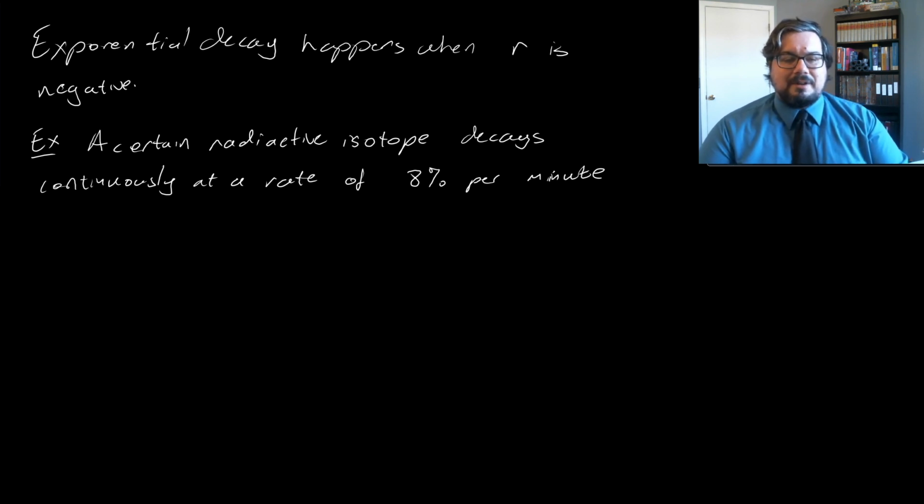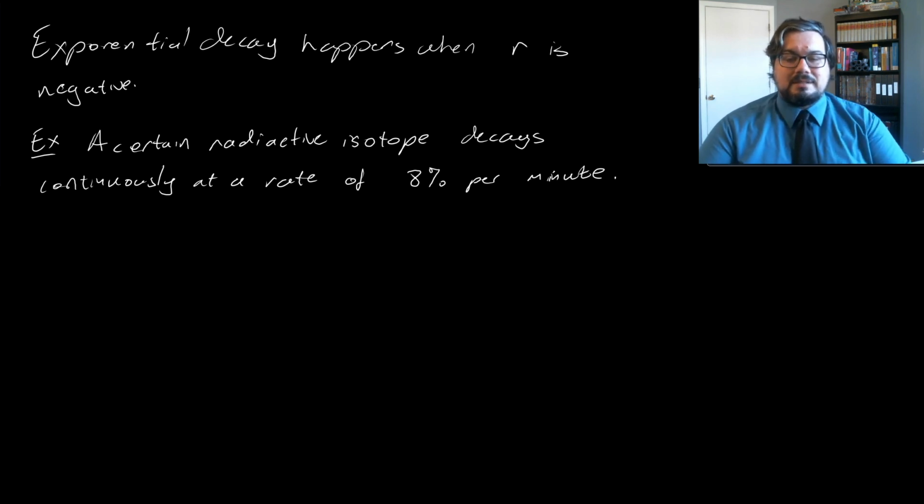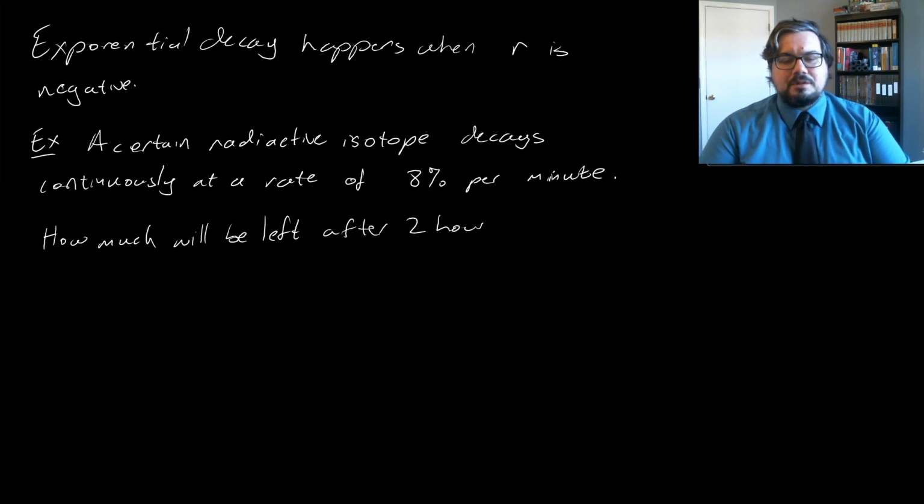Many decay very, very quickly, but this one decays at a rate of 8% per minute. How much will be left after 2 hours if we start with 10 kilograms of the material?